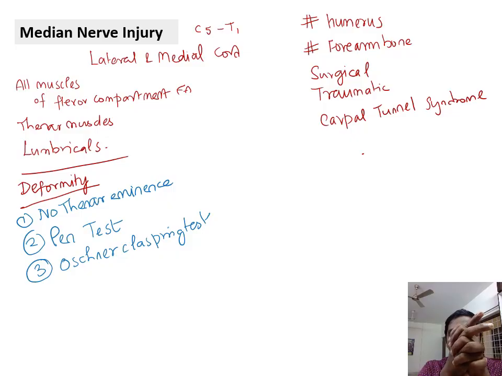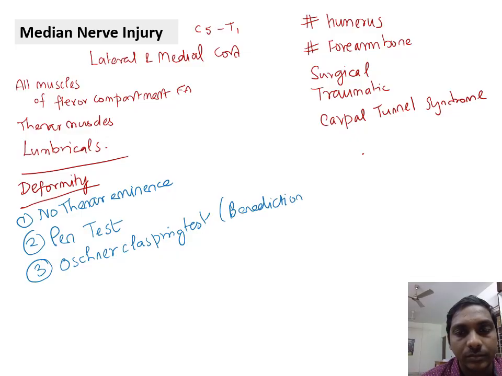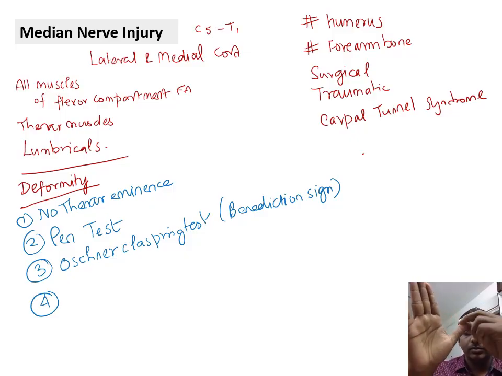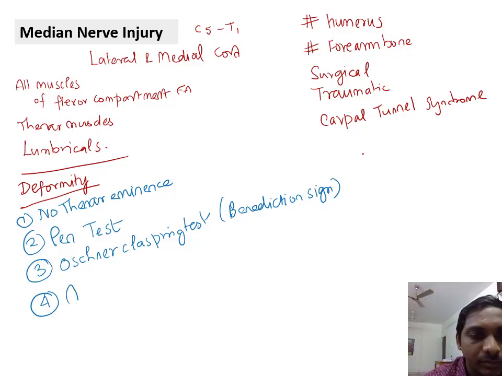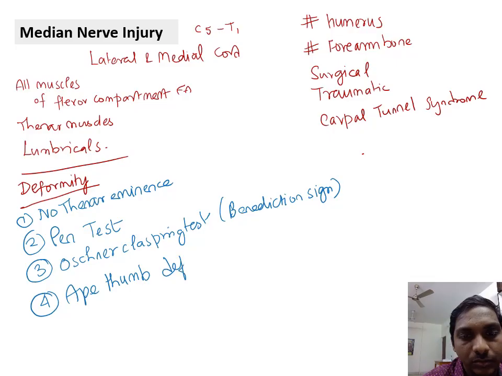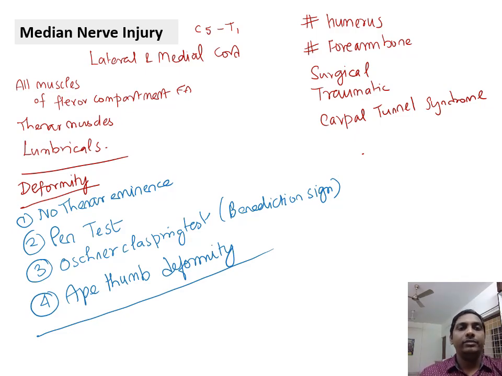This is called the benediction sign, or Ochsner's clasp test positive. And the final thing: since the thenar eminence will be lost, there is more pull of the adductor pollicis, so it will cause an ape thumb deformity. So these are the deformities caused by median nerve injury.